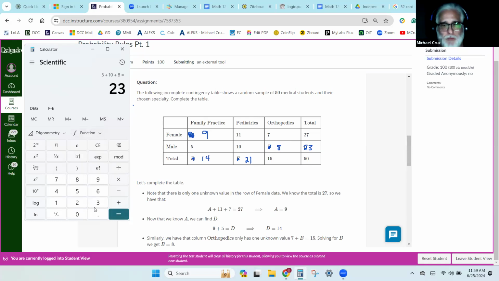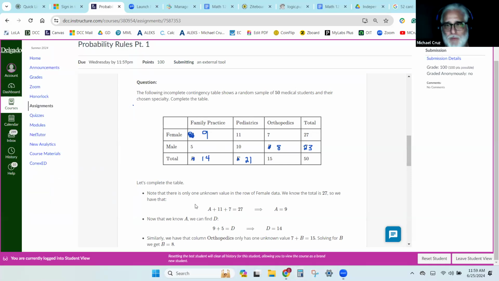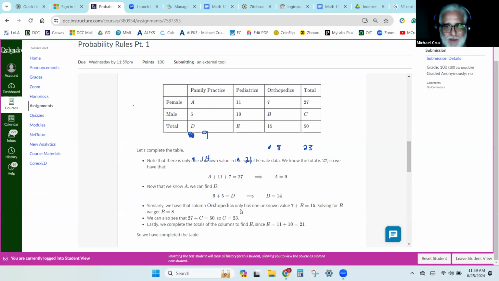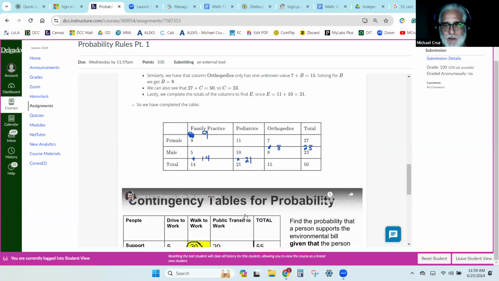And then on the bottom, 14 plus 21 plus 14. Oh, I forgot. I had 14 and not 15. So 50 is right. 27 and 23 is 50. 7 and 8 is 15. 11, 10. So they're all good. So that's what we're doing when they're showing you all this. That's all the subtracting and adding that I did.